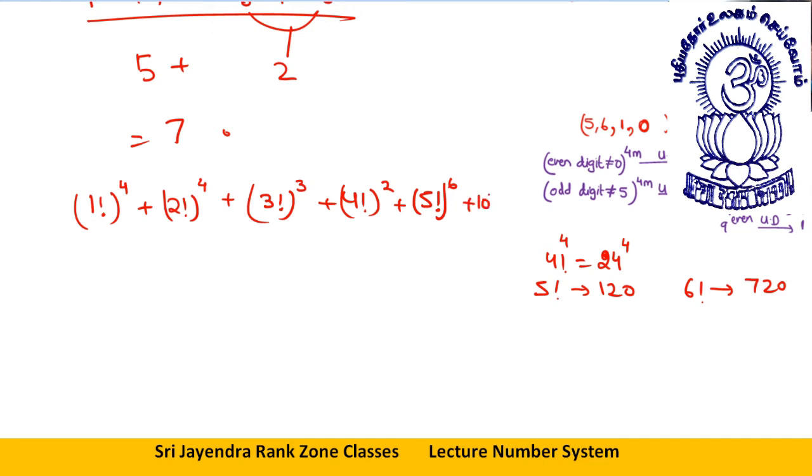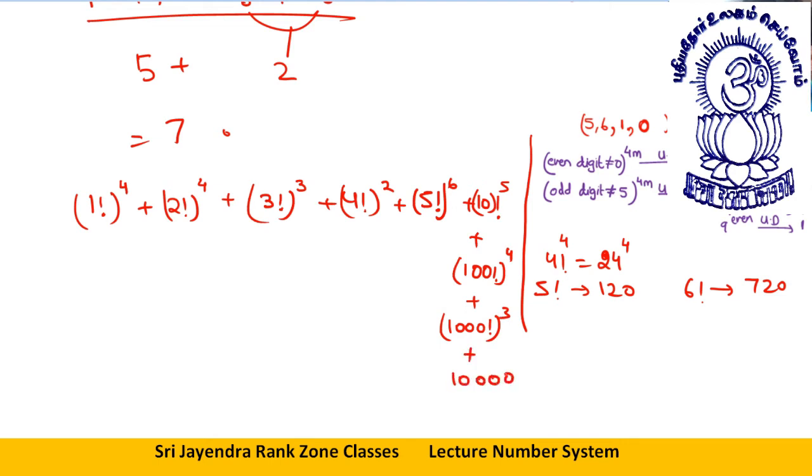Then I have a plus 10 factorial raised to power 5, plus 100 factorial raised to power 4, plus 1000 factorial raised to power 3, plus 10,000 factorial raised to power 2, plus 1 lakh factorial raised to the power 1, or no need for a power.